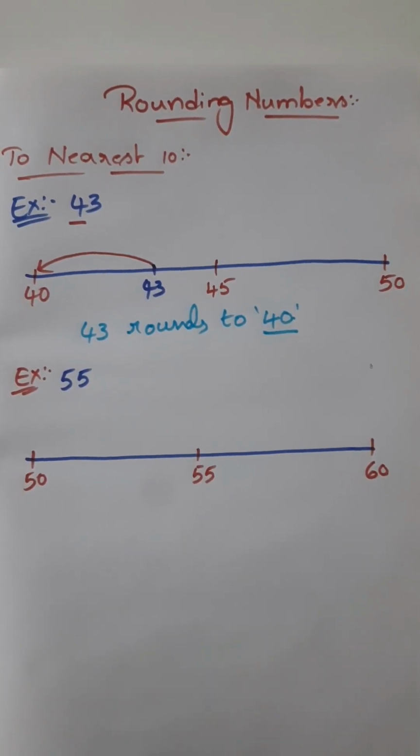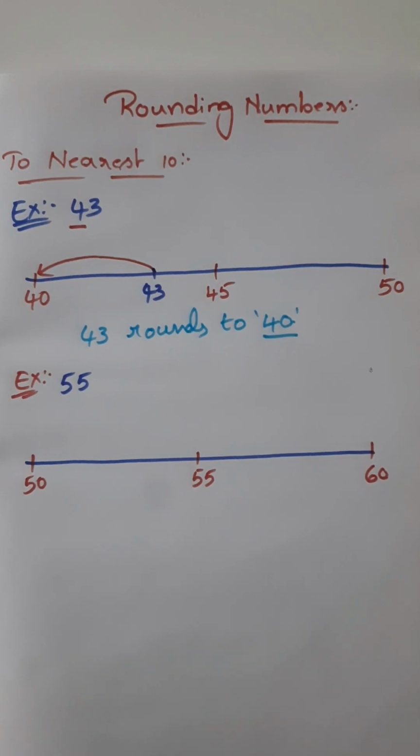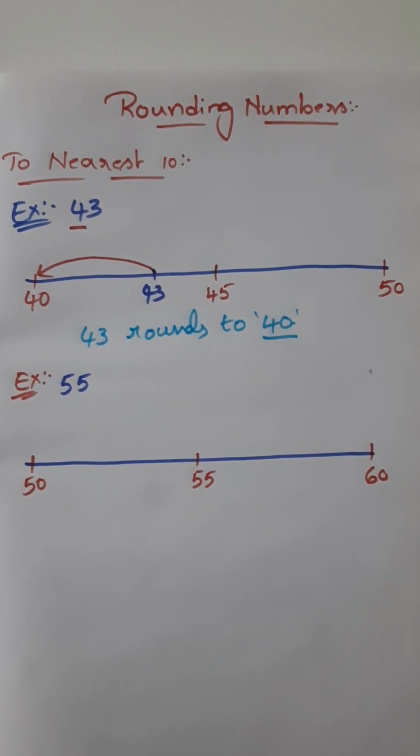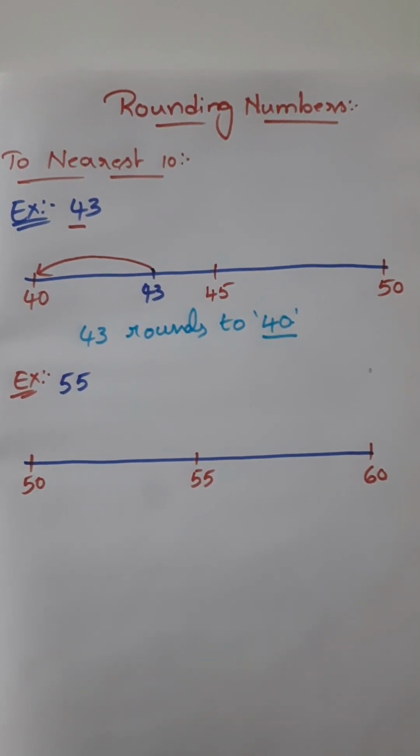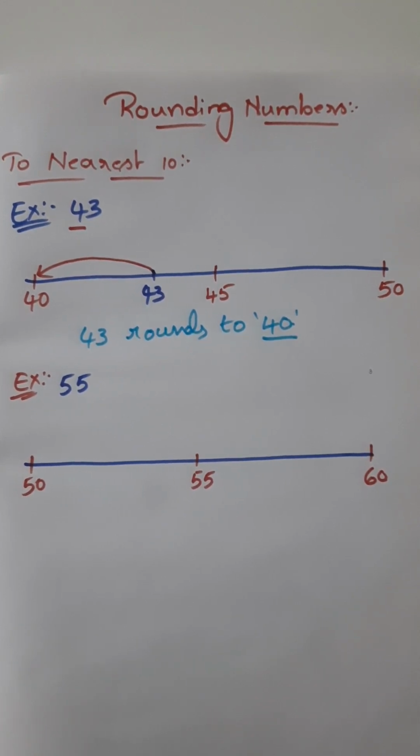Now if we have 5 in the ones place, then by default it rounds to the next 10. If the ones place digit is between 0 and less than 5, then it rounds to our left-hand side.